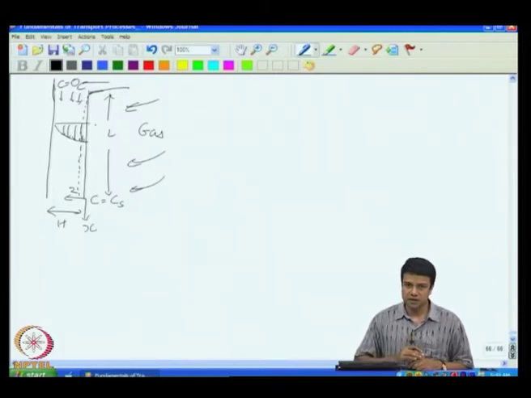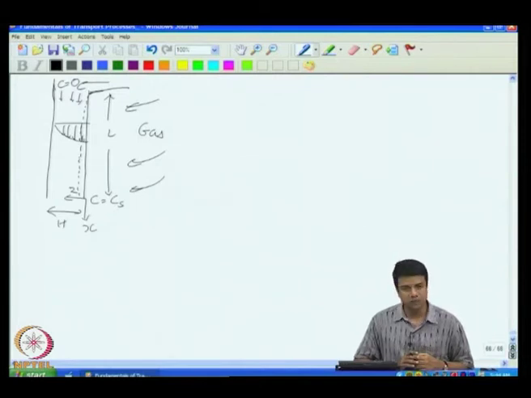In that case, the penetration depth increases with time. As time progresses, the solute at the bottom dissolves further and further into the liquid. In this case, it is as a function of the x coordinate. As x increases, the gas at the interface dissolves further and further into the liquid that is trying to dissolve the gas.